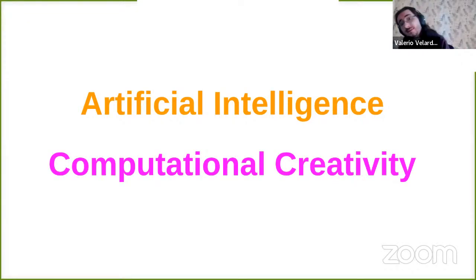Now, computational creativity, we can think of as something slightly different, and we can think of it as a branch of artificial intelligence, which is focused on the idea of building creative machines that can create artifacts that may be deemed as creative by human beings. And so in computational creativity, we try to develop systems that show some degree of creativity, or at least can generate artifacts that we as humans would deem as creative.